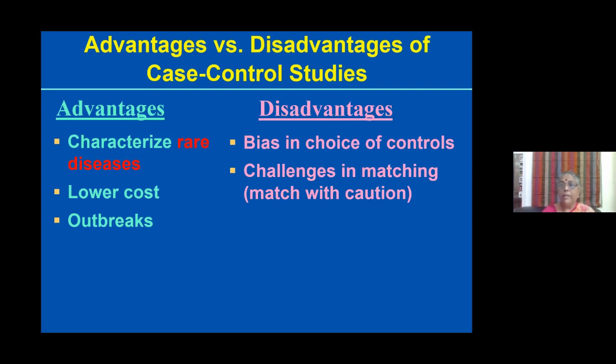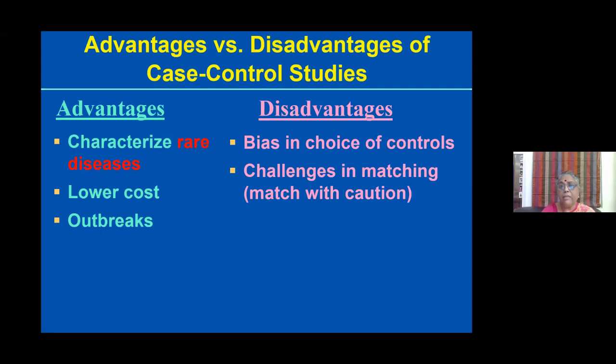And then there are challenges in matching. So since the researcher has to select the controls, now he has to match with a lot of caution. Generally, you match for age and sex, but the researcher should sit down and actually note down all other factors or variables that could confound the study and try to match them here.